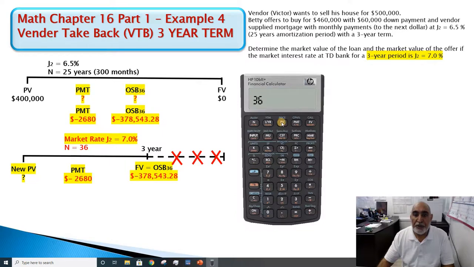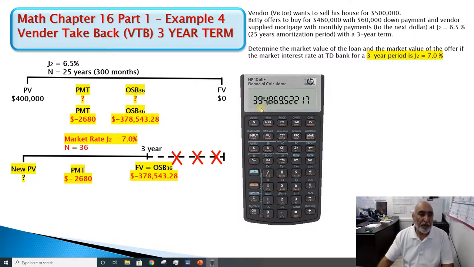PV is what we're looking for. Payment is 2680. And FV is 378,543.28, negative. Now we're looking for PV. There's our PV, 394.